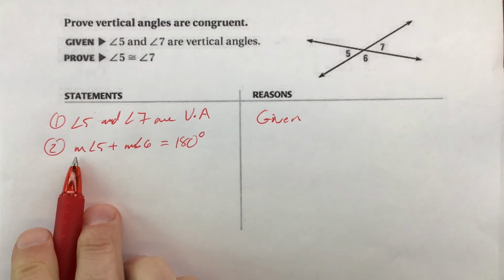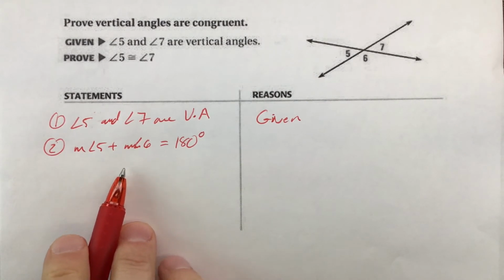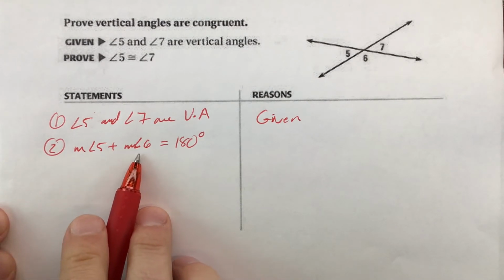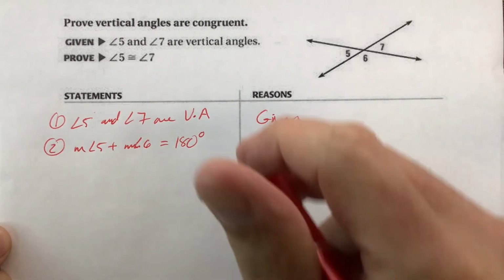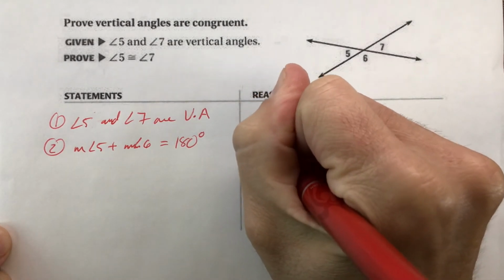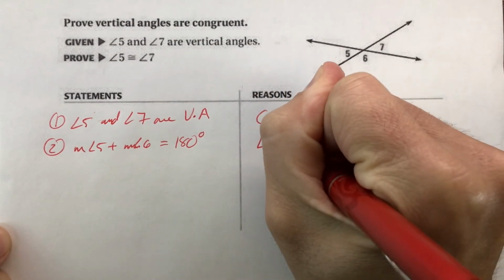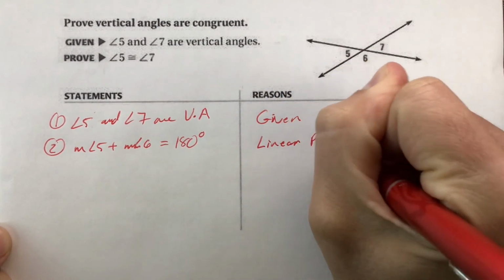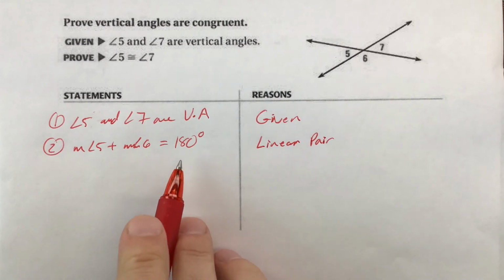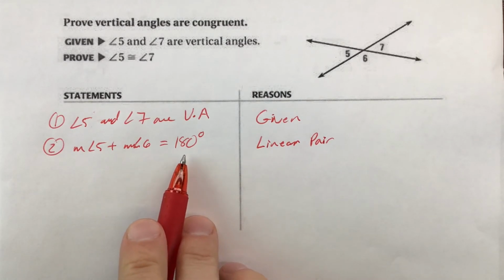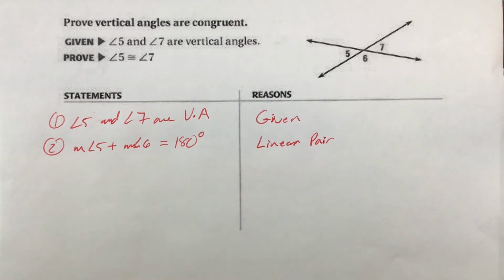I'm going to put the measure in front of it because we're talking about the size of the angles. The reason for that: these are a linear pair. I'm not going to state that they're supplementary. It's the fact that they are a linear pair, and the linear pair carries the property of being supplementary, that gets me to this. So I'm able to go straight to that equation.